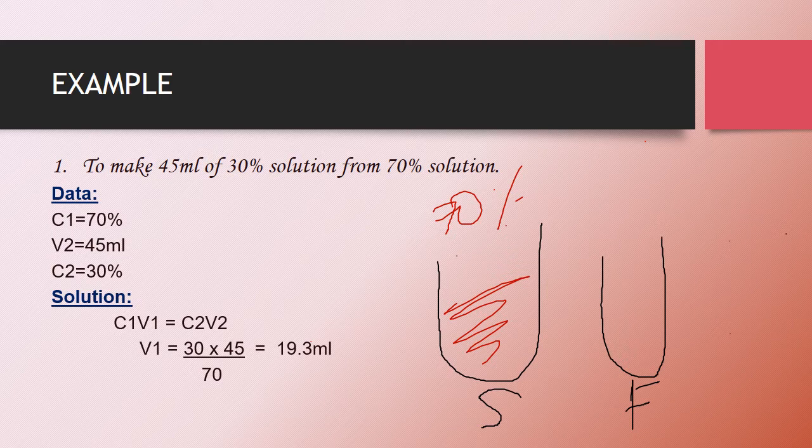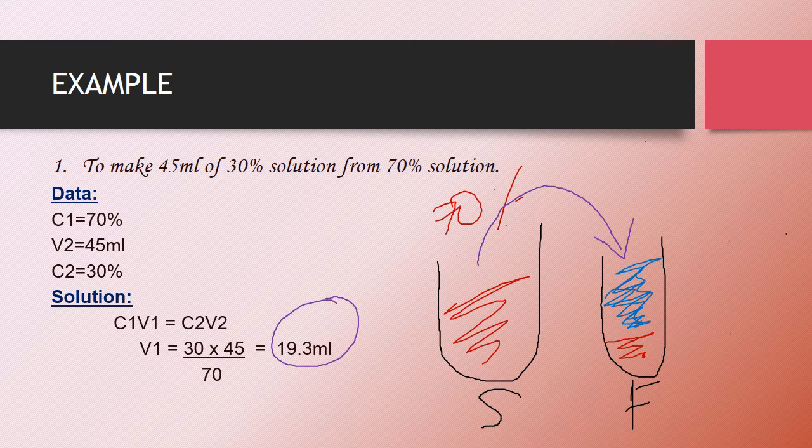So we are taking 19.3 ml, which is our answer. We are taking 19.3 ml of stock solution and for the rest of the volume we add distilled water to make a total volume of 45 ml.